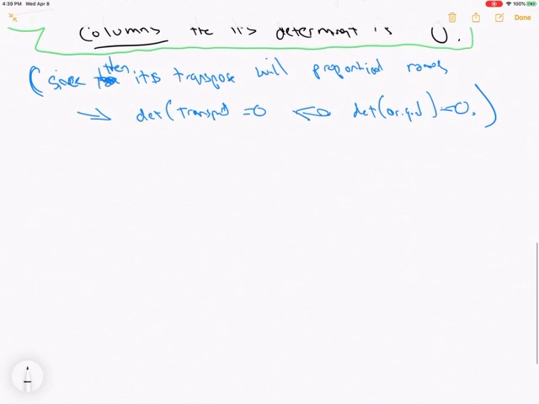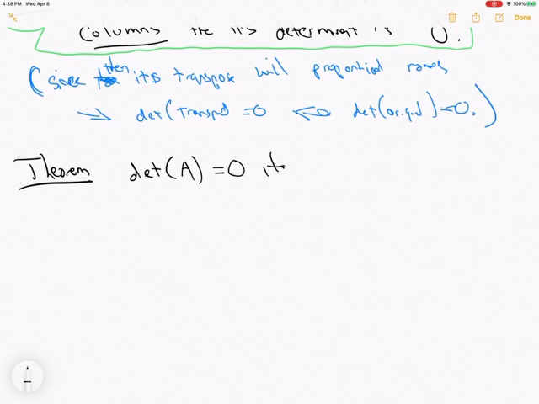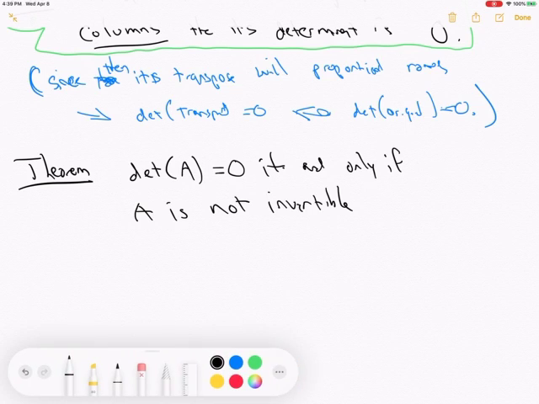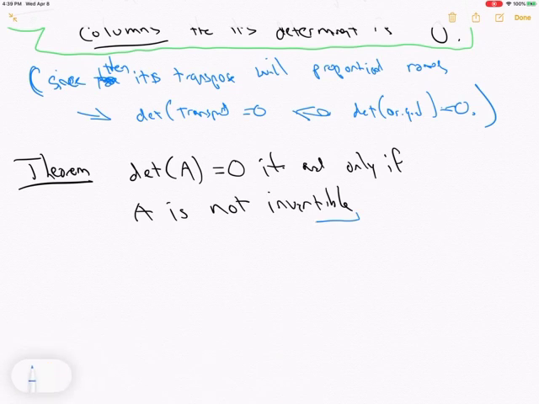So what are some other properties? This is a very important property here, which is that the determinant of a matrix A is equal to 0 if and only if A is not invertible. And we call a matrix that is not invertible singular.